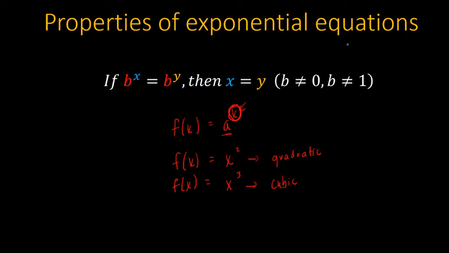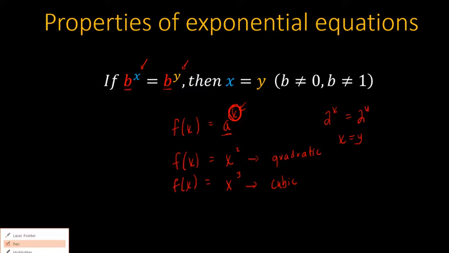Now, a really useful property about these exponential equations is that if I have an expression where I've got two bases that are the same, with b raised to some exponent x, and b also raised to some exponent y, and the expressions are equal, then I know that the exponents must be equal to one another. So for example, if I had 2 to the x equals 2 to the y, well, x must be equal to y.